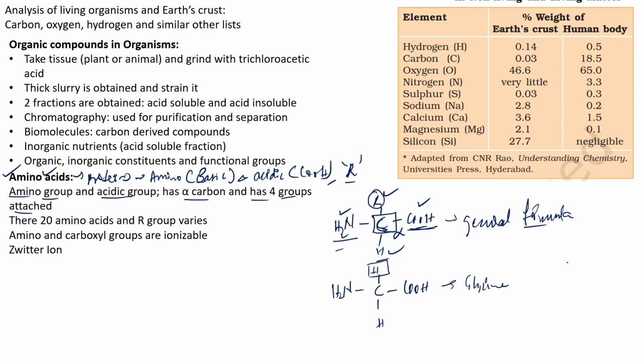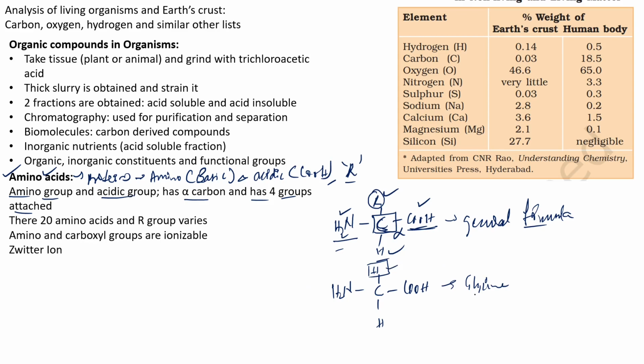Glycine is considered one of the simplest amino acids among all others, the first simplest amino acid that you can learn to study.